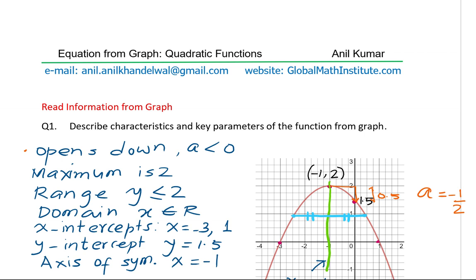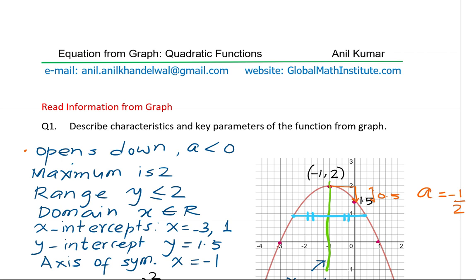We can write down this equation now as y equals minus half times (x minus the axis, which is minus 1, so it becomes plus 1) whole squared, plus the maximum value, in this case 2.